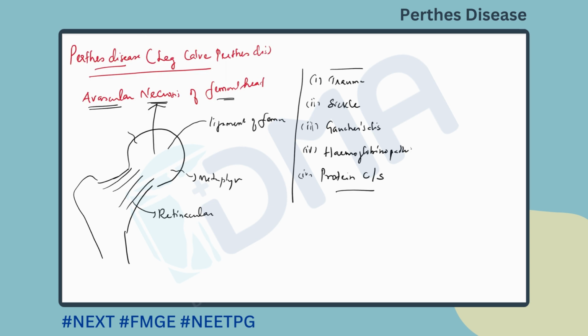So there are various causes for Perthes disease. What you have to understand is that it is because of loss of blood supply to the femoral head.